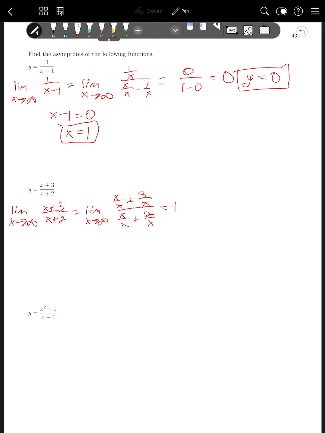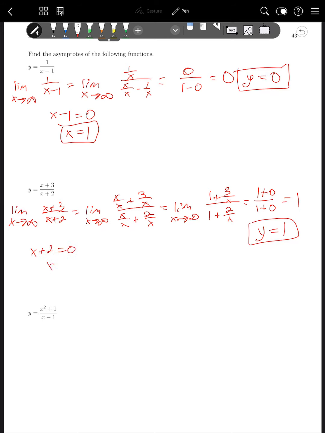So that's the limit as x approaches infinity of 1 plus 3 over x, over 1 plus 2 over x, which is 1 plus 0 over 1 plus 0, which is 1. So y equals 1 is our horizontal asymptote. And then we can set the denominator equal to 0 to get our vertical asymptote. So x plus 2 equals 0, so x equals negative 2.